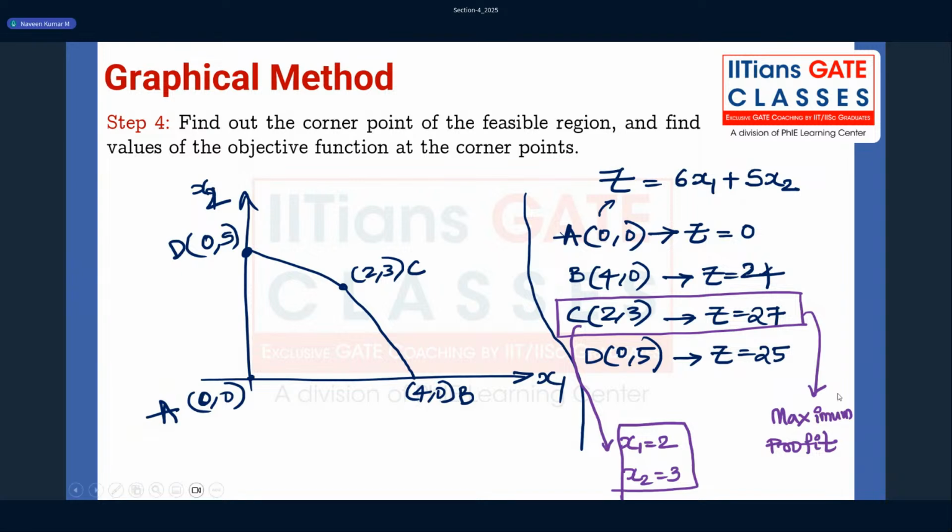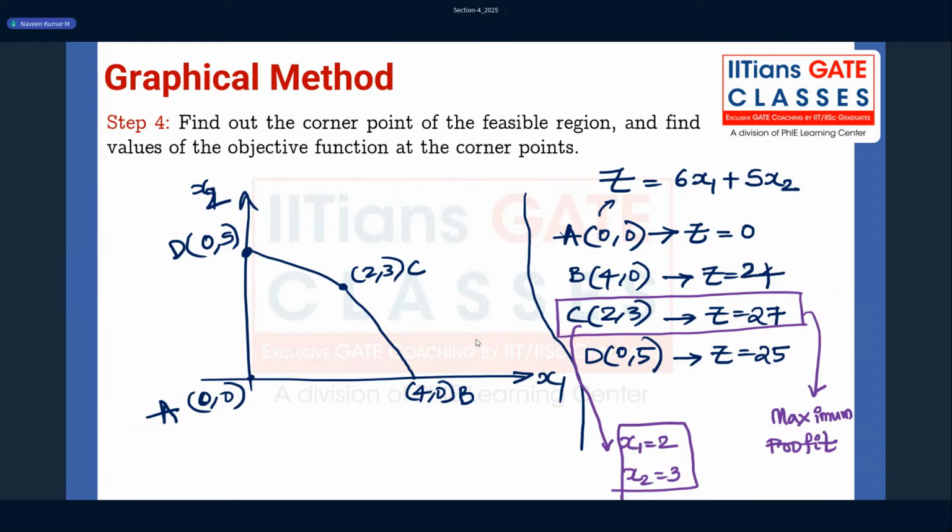So that's how you solve the problem using the graphical method. You convert the descriptive part into the mathematical formulation, then find the objective function and constraints, plot them on a 2D graph, find the feasible region by shading it, then find the corner points and evaluate the objective function at them.